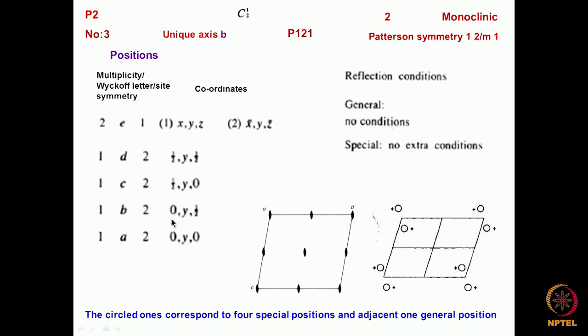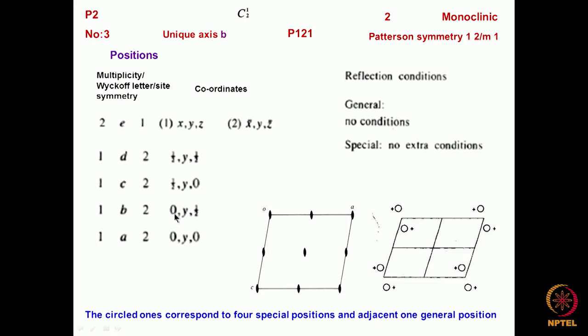If you consider this one, 0 is along the x direction, and y is some distance which you have moved. Just a minute. Here y is essentially along the z direction, right.